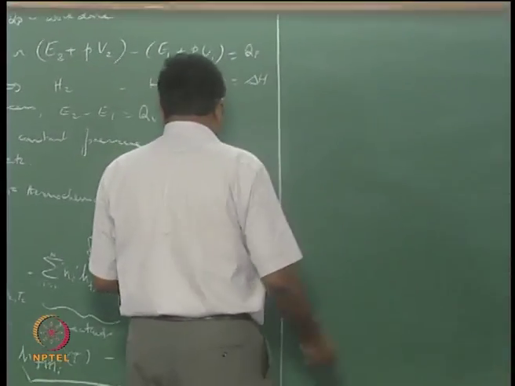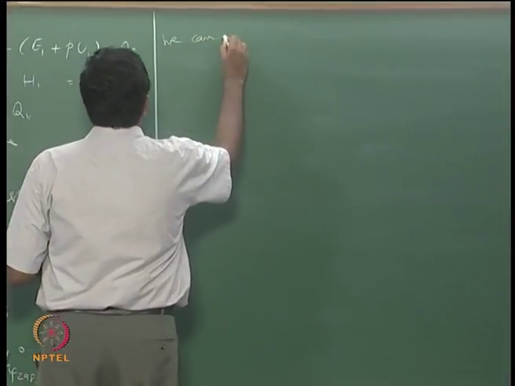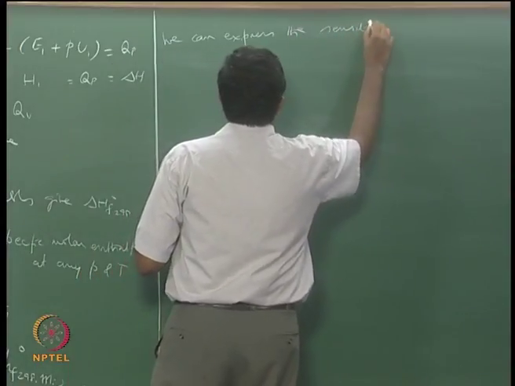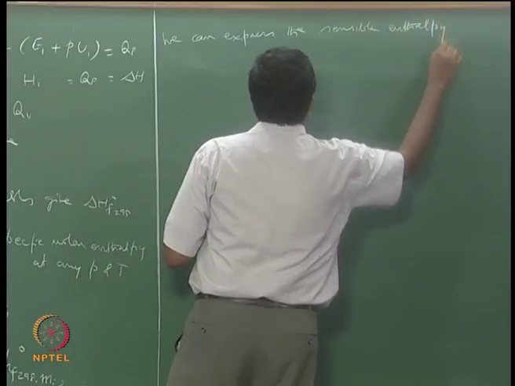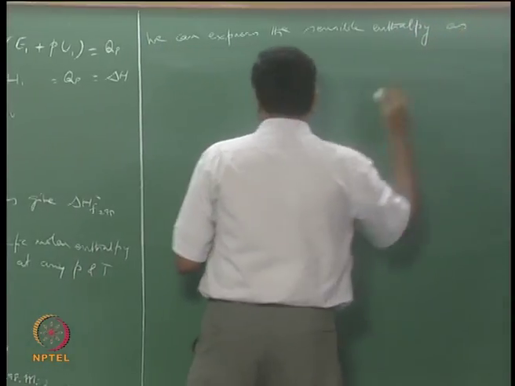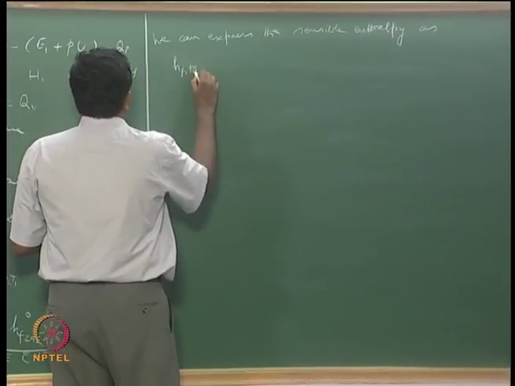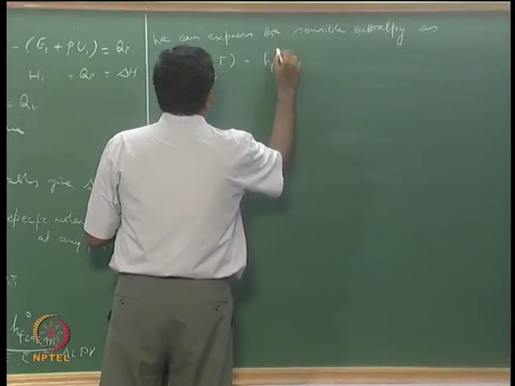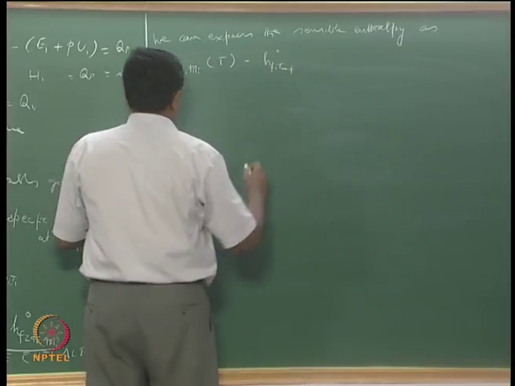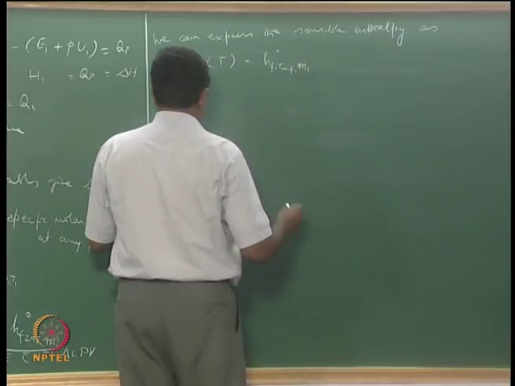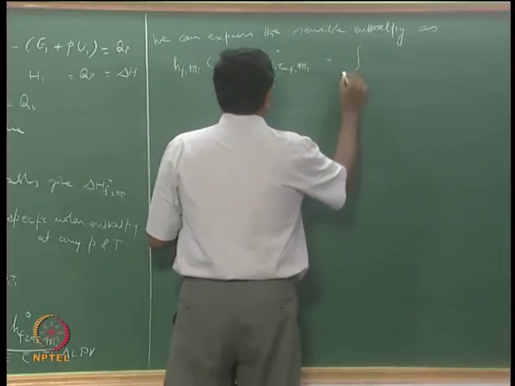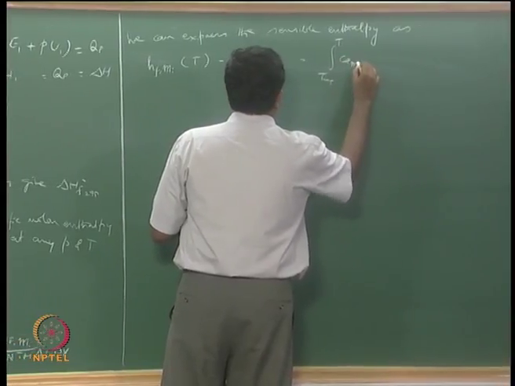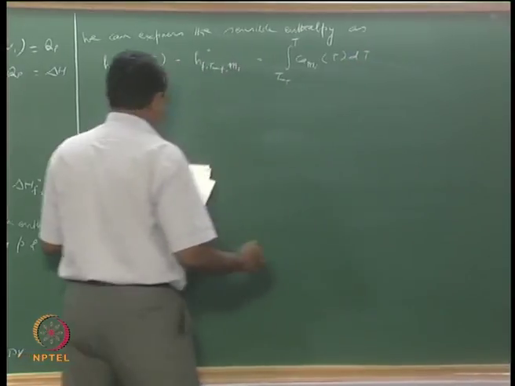So we can express the sensible enthalpy as h_f,i(T) minus h_f,i^0(T_ref) equal to the integral from T_ref to T of Cp,i(T) dT.